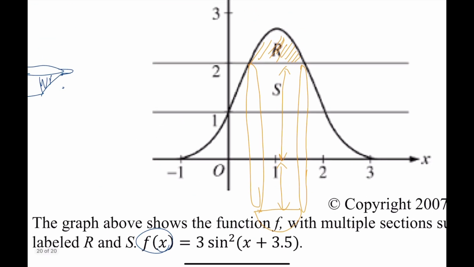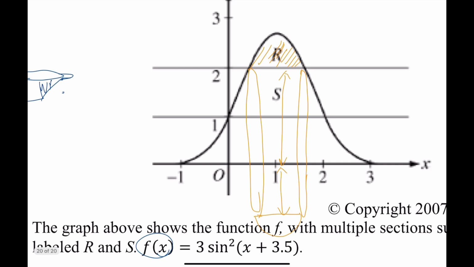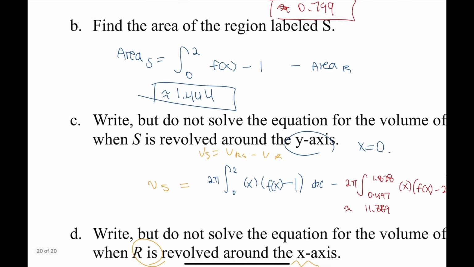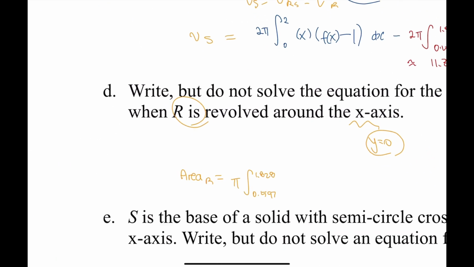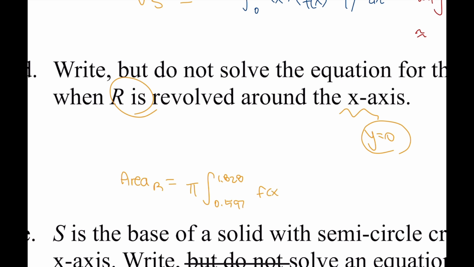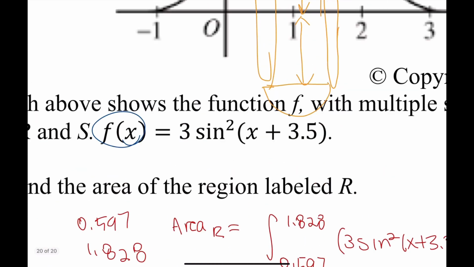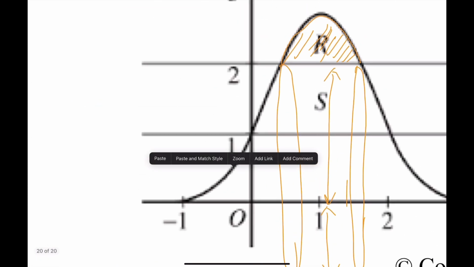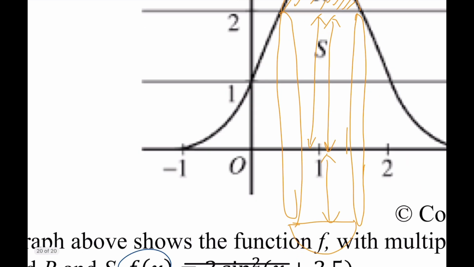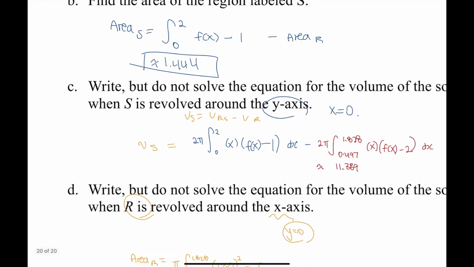The outside function from the x-axis would be f of x, so it'll be f of x squared, and then minus the inside function, which would just be 2.